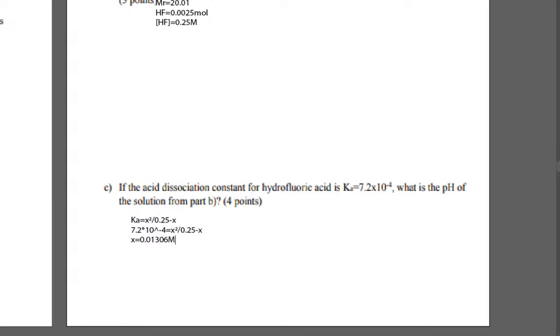So we know that the H plus is 0.01306, and so you just need to take the negative log of the answer. The negative log of 0.01306 would be 1.88, which would mean that the pH would be 1.884.